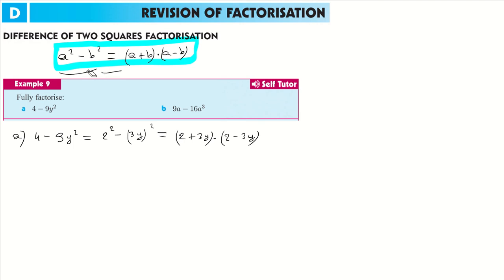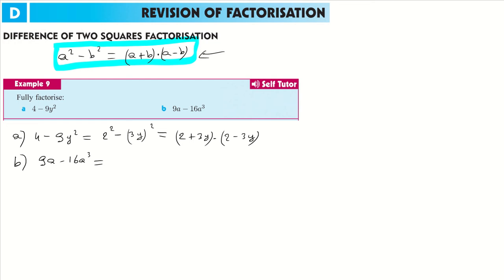Okay, let's do b. Here I have 9a minus 16a to the power of 3. I can't use this formula straight away, because I can't put it in that form unless I take something out, unless I take the a out, because I have a common factor here.